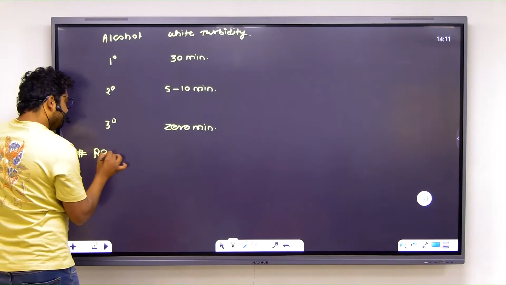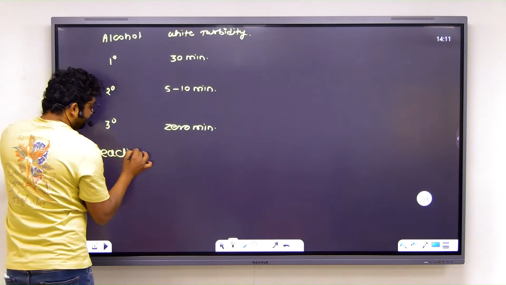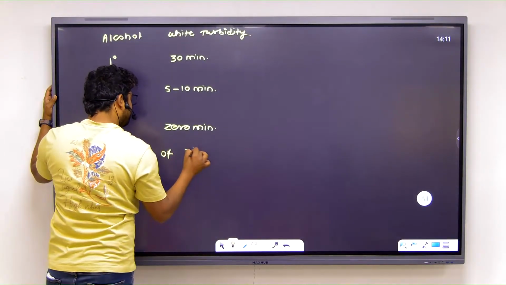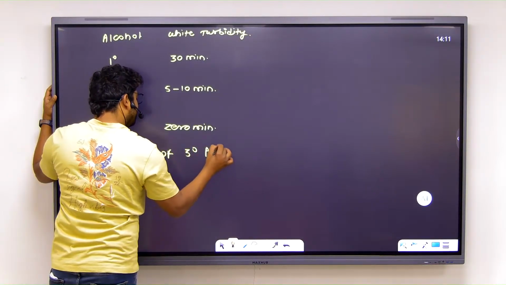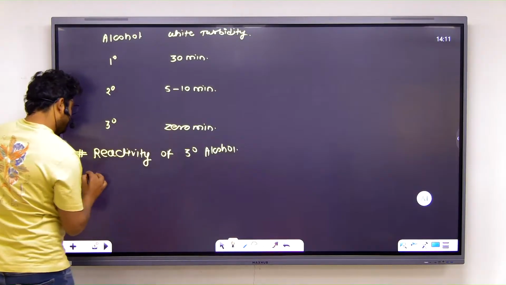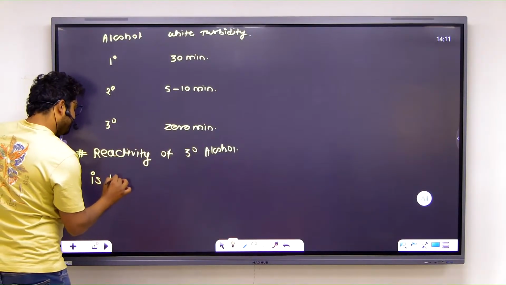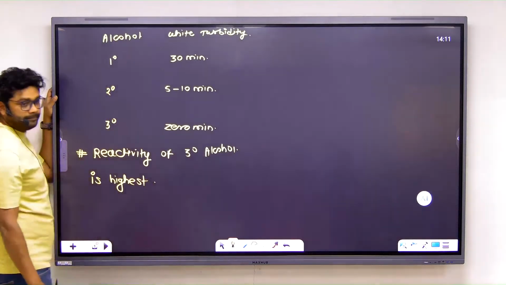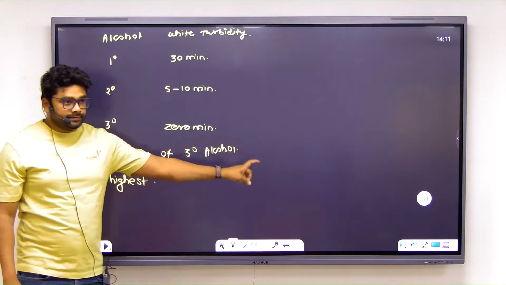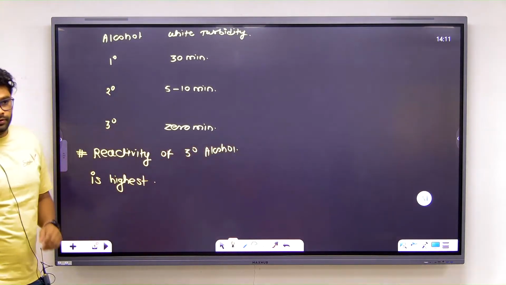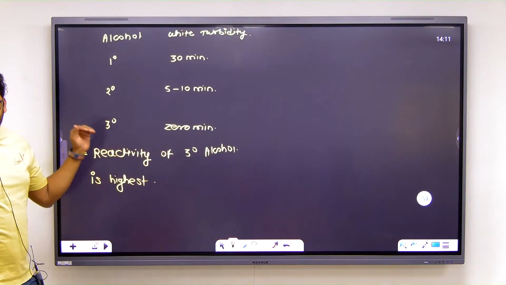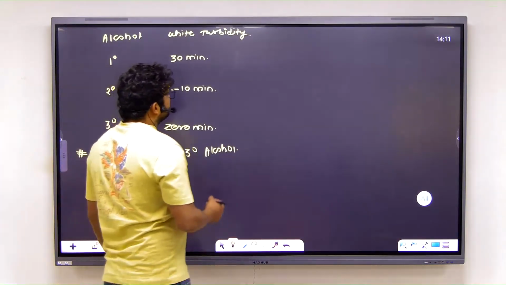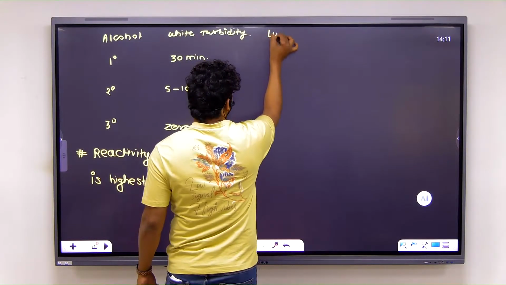Because the reactivity of tertiary alcohol is the highest. So remember that the alcohol which has the highest reactivity is called what? A tertiary alcohol.